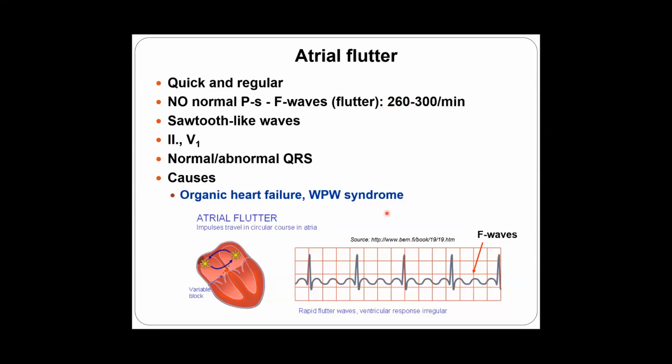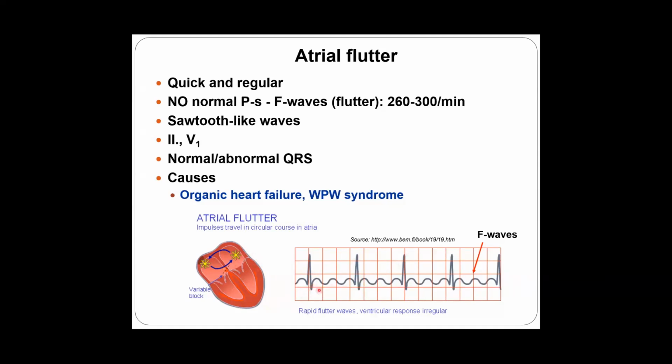Of course, not every impulse can go through the AV junction, because the AV junction has a pause, or a slower rate, or needs more recovery. This is why maybe every fourth, every third, every fifth goes through. So this can be rhythmic, but it can be arrhythmic as well, but mostly it is rhythmic.